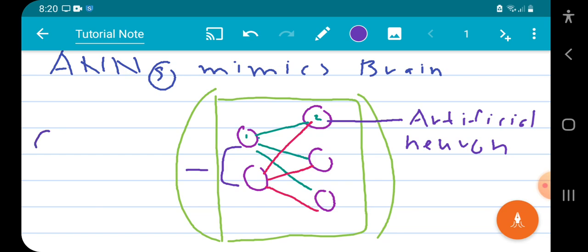So let's say we have a neuron over here, and this neuron is representing this one, and this neuron is representing this one. So by connecting this neuron with this one, we are essentially passing or outputting the information.